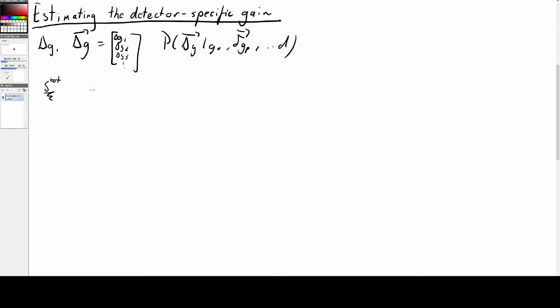And going back to our data model, the data at any given time for any given detector is given by the gain times the total signal plus the noise.